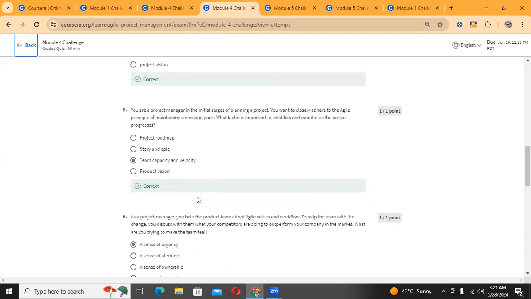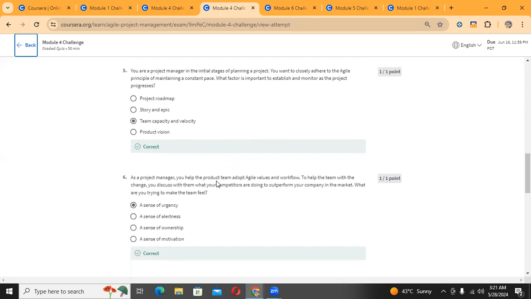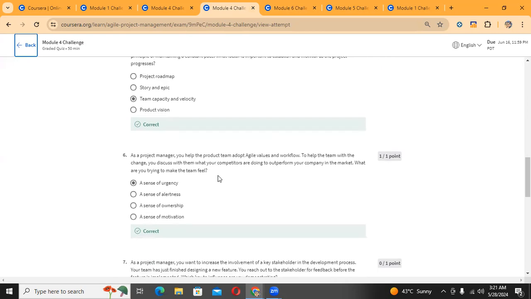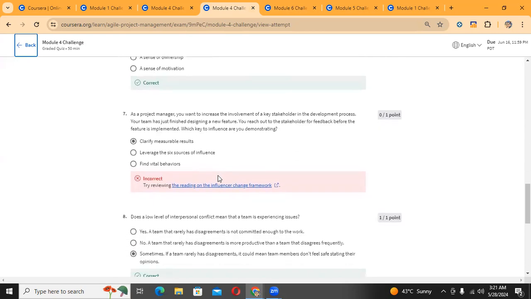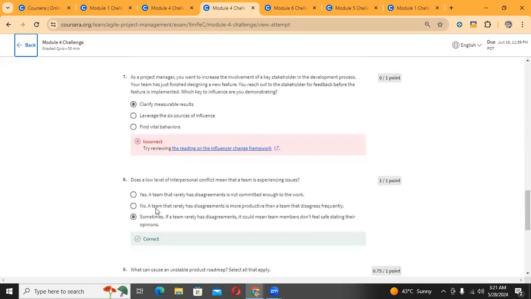From the fifth question, team capacity and velocity is the right answer, because monitoring team capacity helps to ensure that a team can sustain a consistent pace of work. In the seventh, the answer is clarify measurable results.